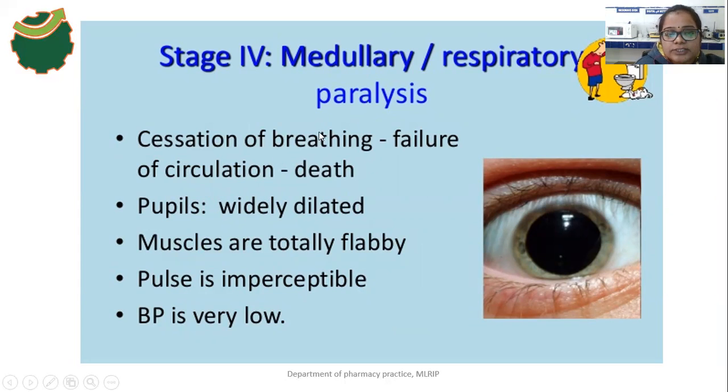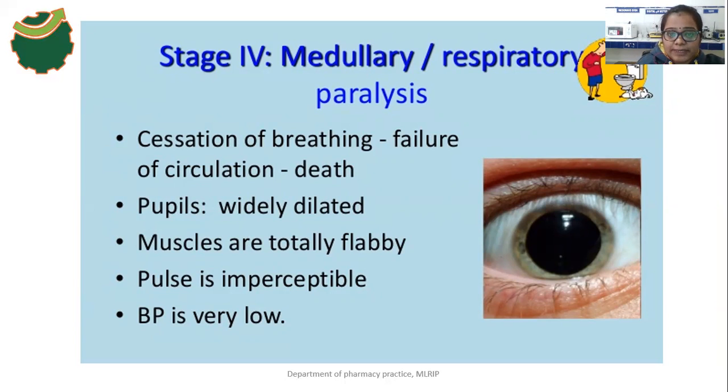As a result of cessation of breathing, there is a failure of circulation, and it may lead to death. This happens in case of an overdose of general anesthesia. Okay, an improper dose of general anesthetic drugs, then stage 4 happens.